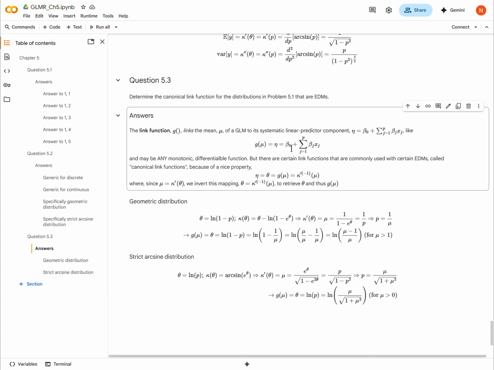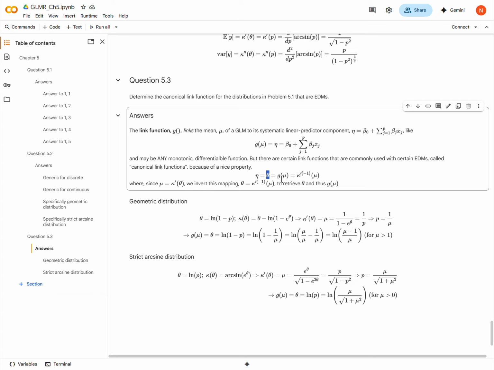So what is the canonical link function? It's one where this transformation of mu equals the canonical parameter.